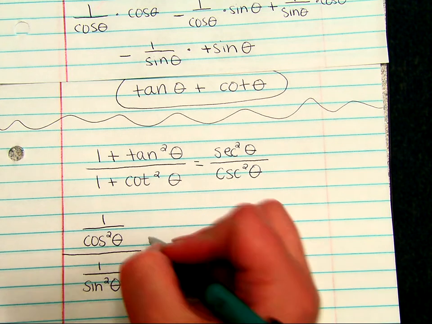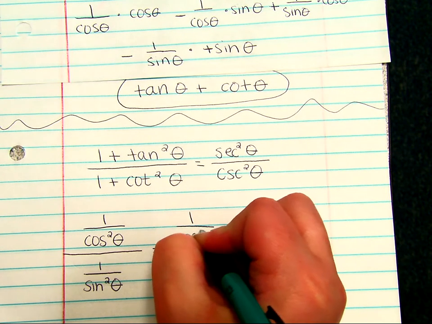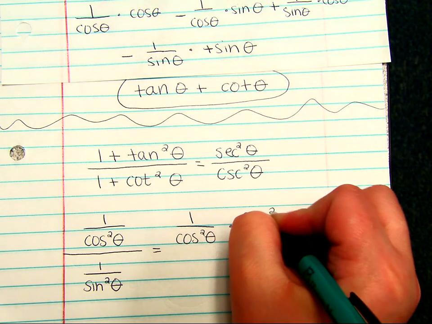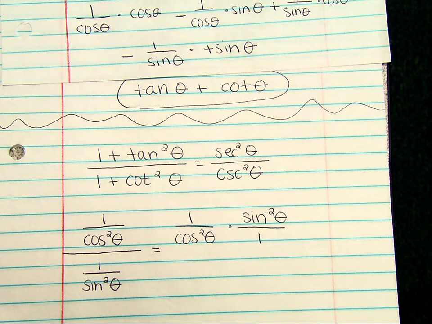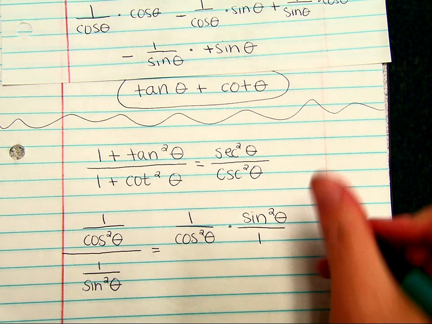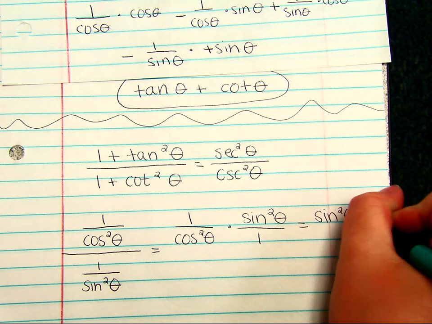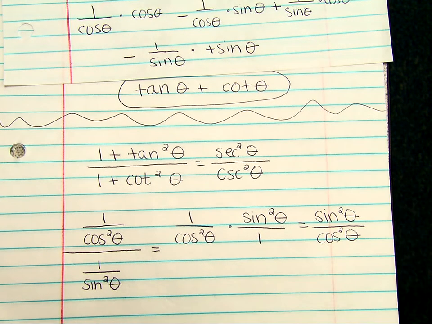So I really have 1 over cosine squared theta times sine squared theta over 1. Now I can multiply straight across the top, straight across the bottom, so I have sine squared theta over cosine squared theta.